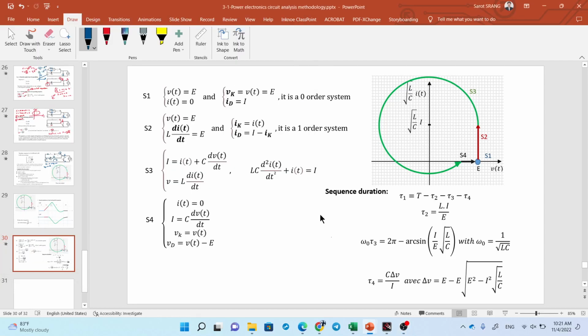Okay, let's continue to make the analysis on the complete phase plane for the current I on the inductor and voltage at the capacitor.